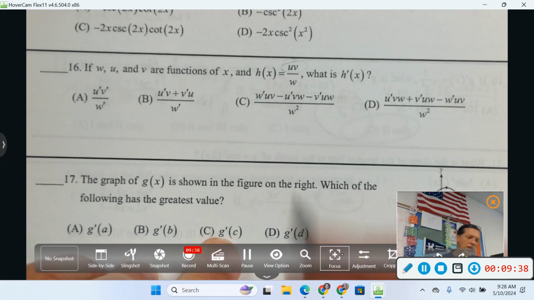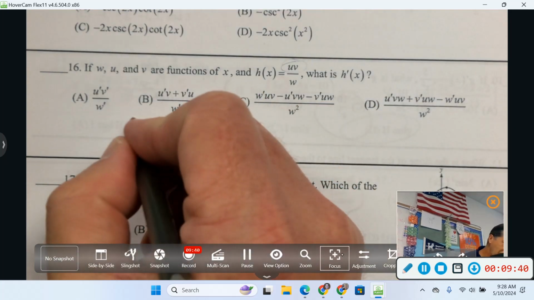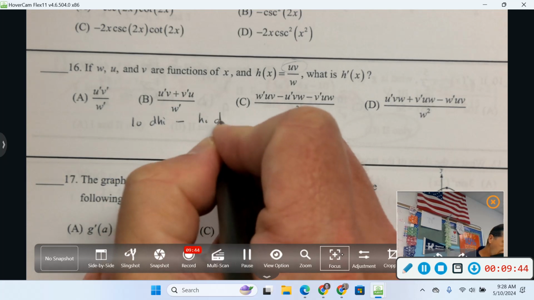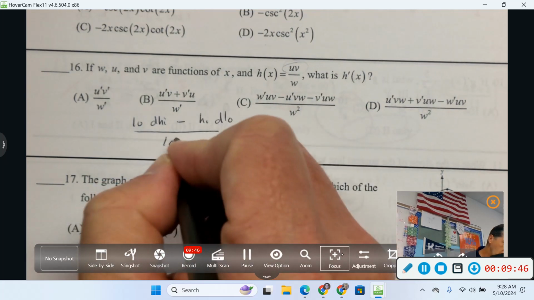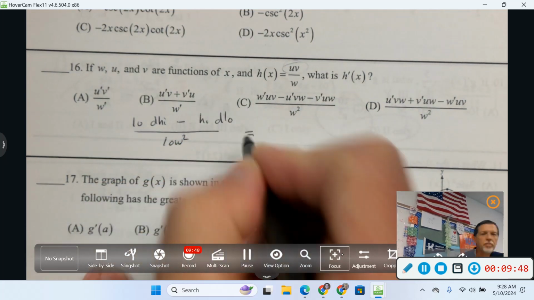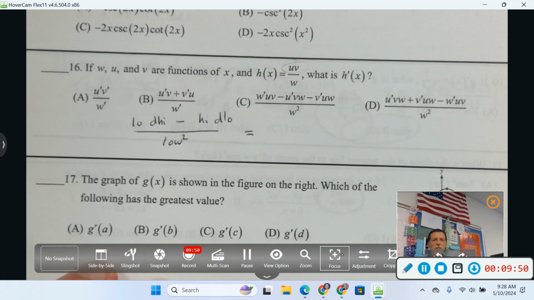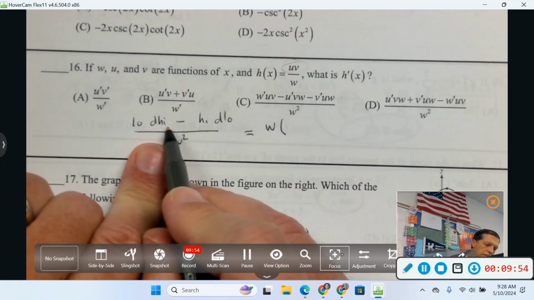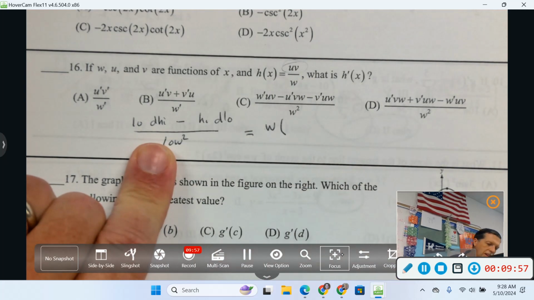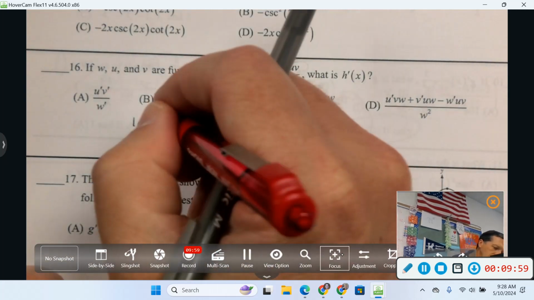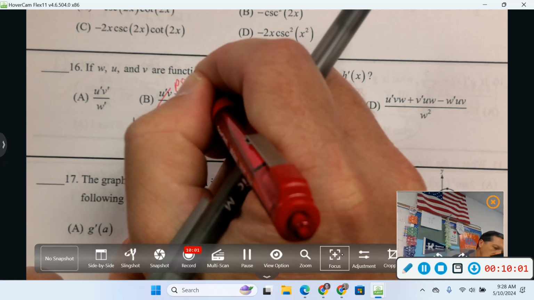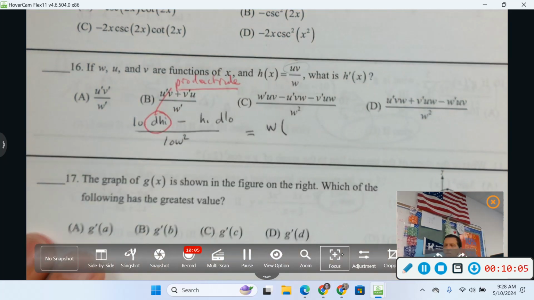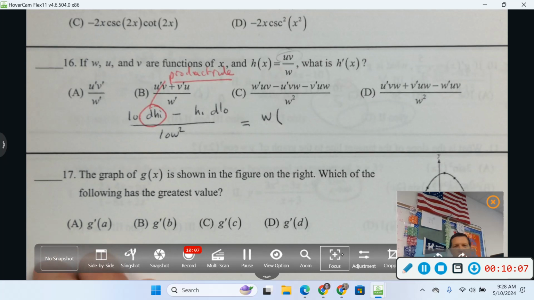So this one might be easier to write as low d high minus high d low over low squared. Okay, so low is W. Derivative of high would be, that's going to be the product rule. So this is a problem that uses quotient and product all in one.